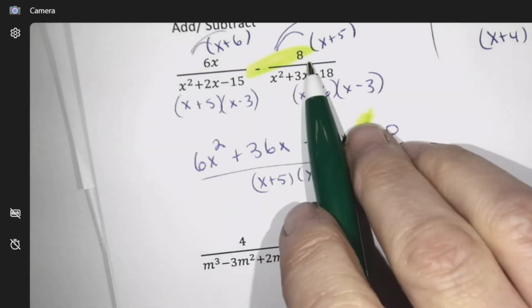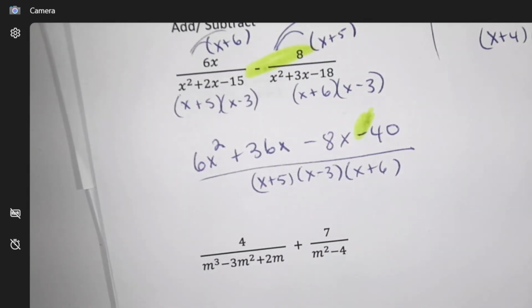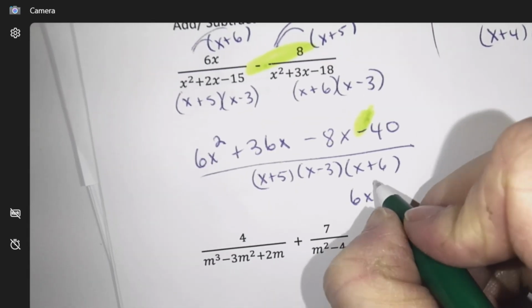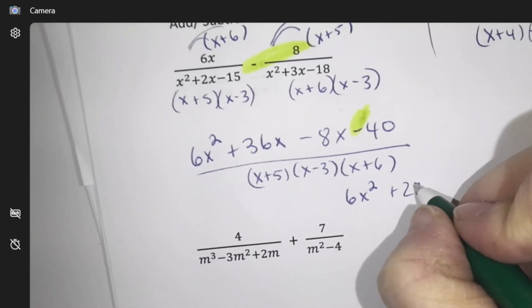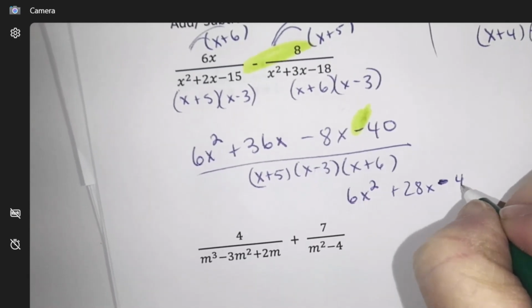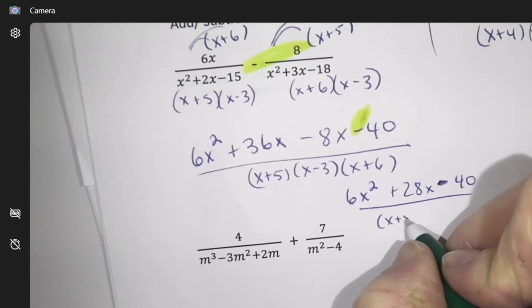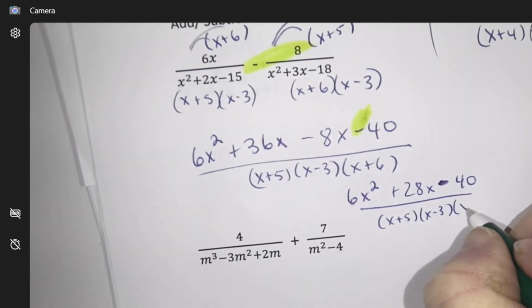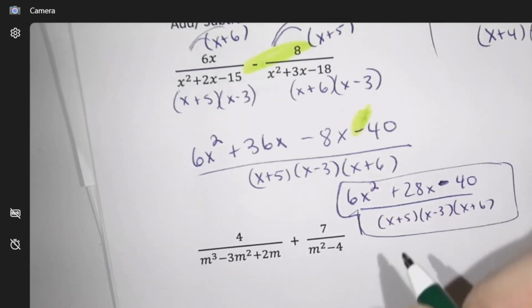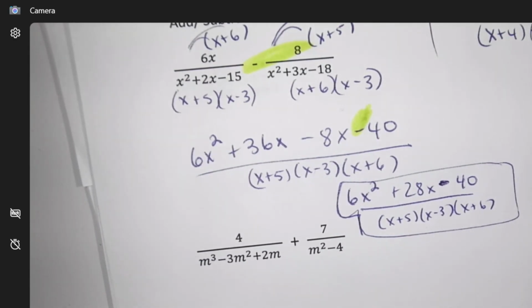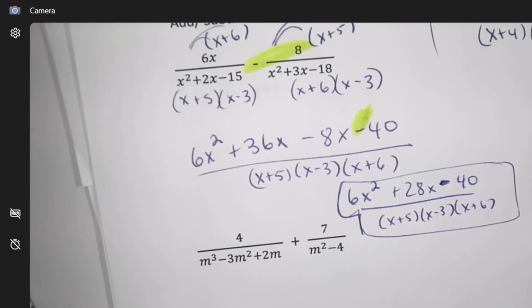Make sure that negative goes through and through, okay? So simplifying will just mean collect stuff on the top if there's anything to collect.